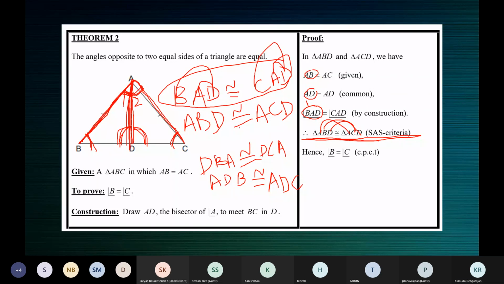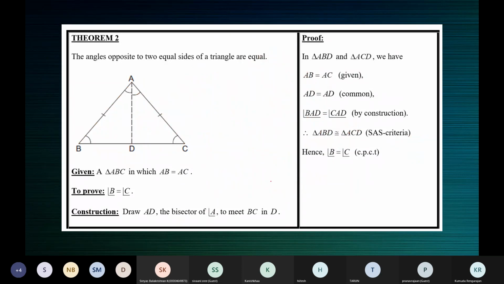And it also means side AB is equal to side AC. That we already know. Then it means side BD is equal to side CD. New information, since the triangles are congruent.